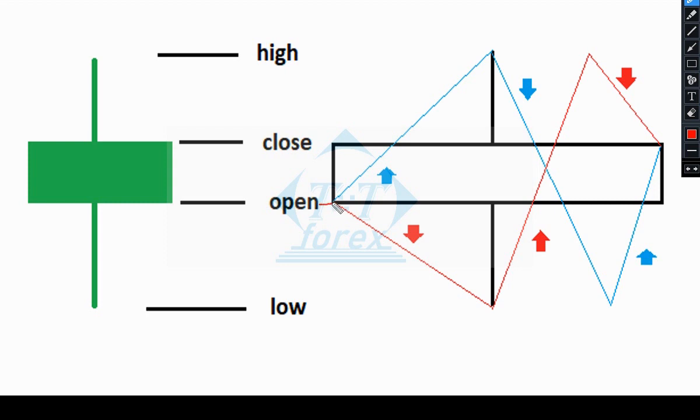route here, the blue one. Let's take the blue one for instance. The blue one shows a market that is more likely to go bearish. Look at this. This is a push to the upside and then a push to the downside, which broke this open here that could have acted as a support, and then went down.